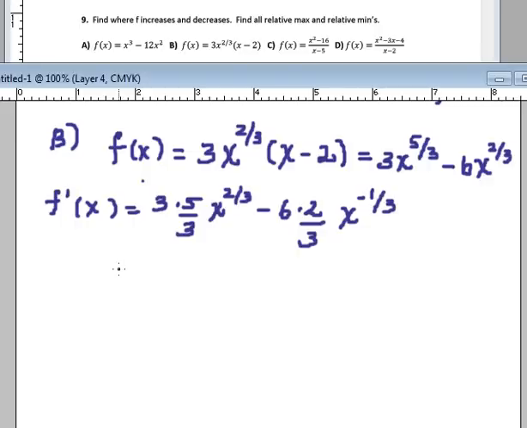Alright, of course those 3's cancel, and we have 5x to the 2/3 minus, and here 3 goes into 6 twice, so we have 4x to the minus 1/3.